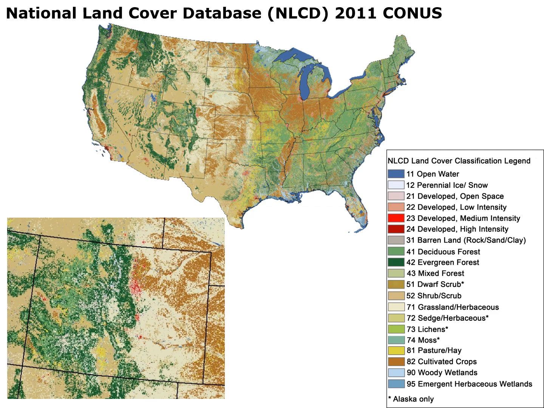Those are typically found in seasonally wet permafrost areas, and then cultivated areas, pasture, crops, and finally woody wetlands. So it was 16, and it looks like they added, for the most recent, 4 classes that I never use because I don't work in Alaska.